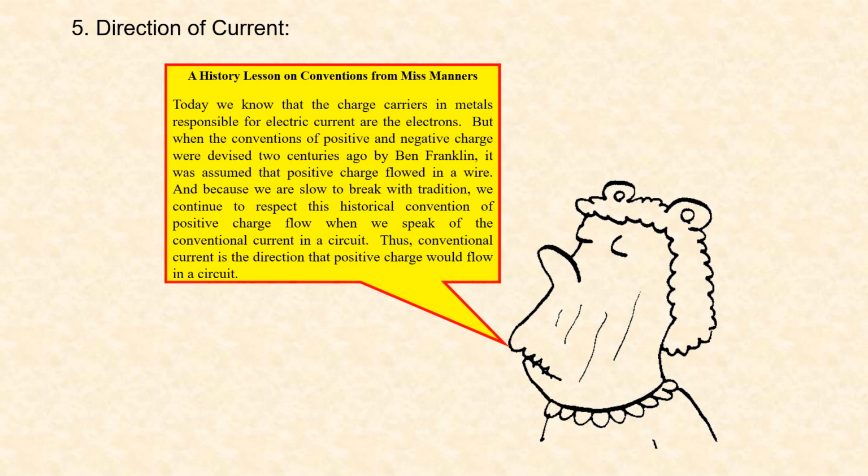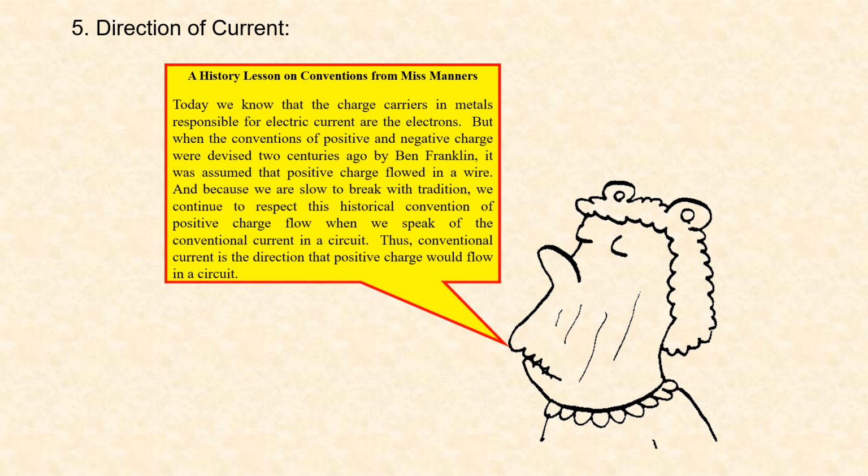So when it comes to speaking about the direction of electric current, we have this complication where it turns out that history is not our friend. Today, we know that the charge carriers in metals, the ones responsible for electric current, are the electrons. But when the conventions of positive and negative charge were devised a couple centuries ago by none other than Ben Franklin, it was assumed that positive charge flowed in a wire.